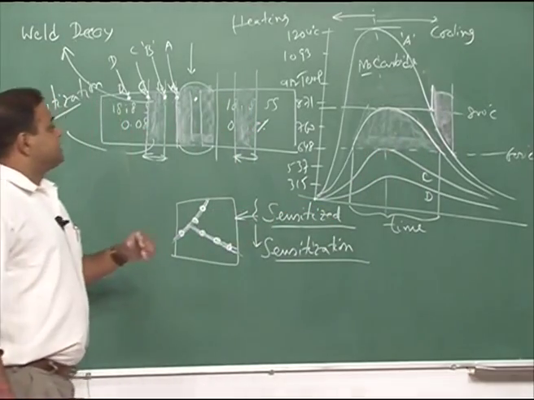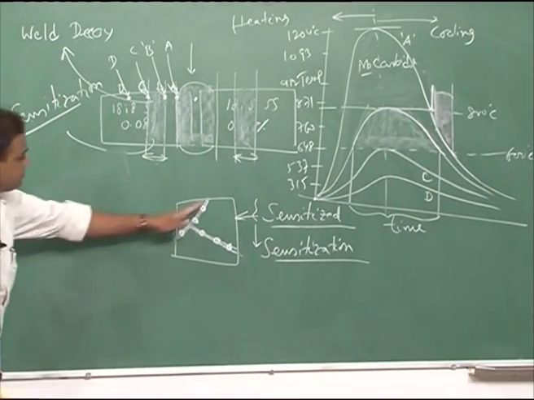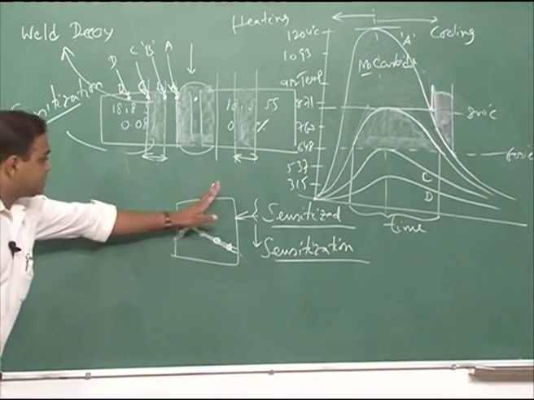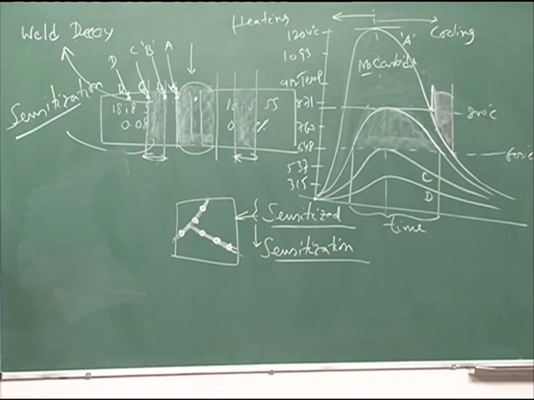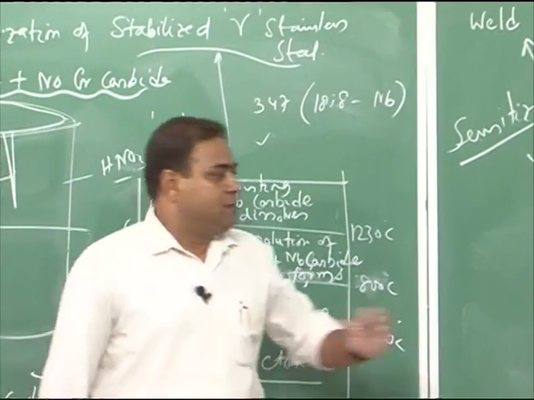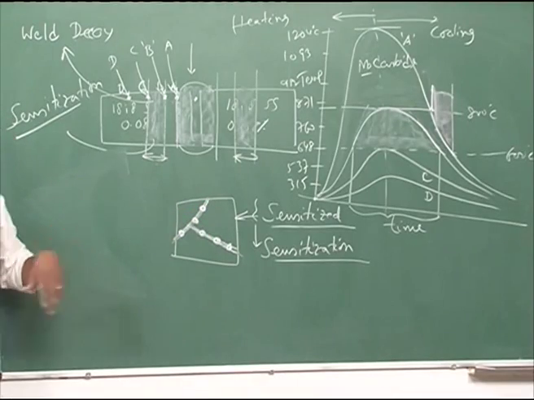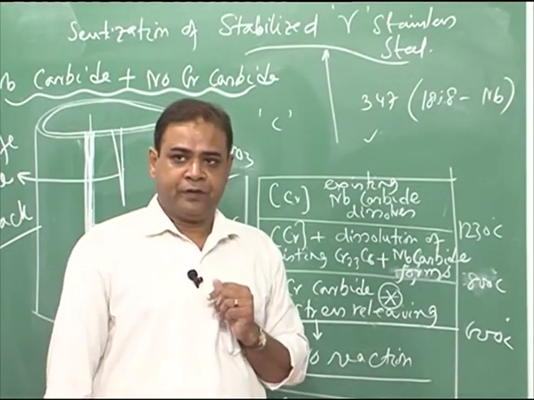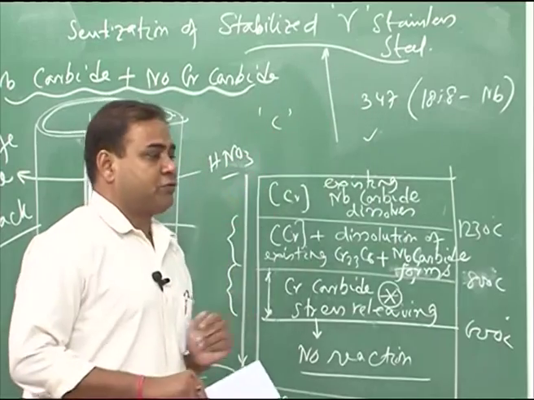That time we experience chromium carbide precipitation along the grain boundary, and we have a chromium depleted zone, which would go for preferential attack along the grain boundary, and there could be a possibility of intergranular corrosion. So, this is about intergranular corrosion.